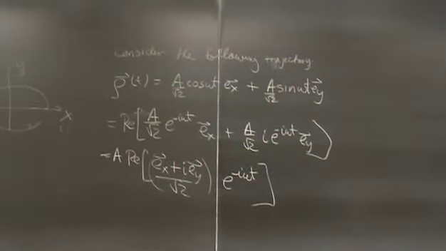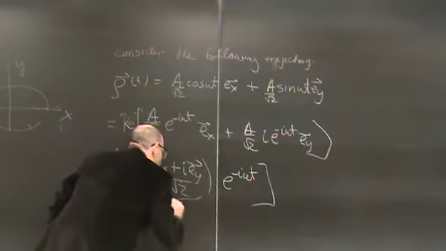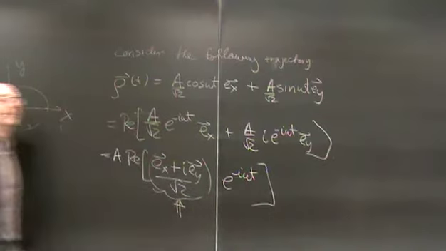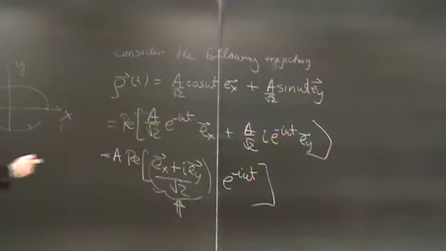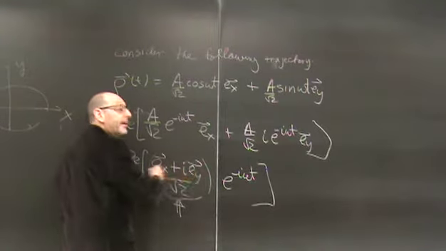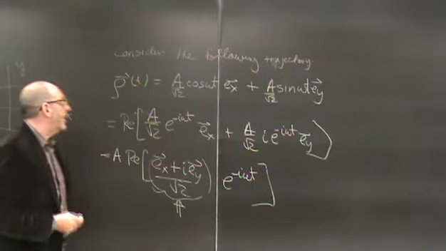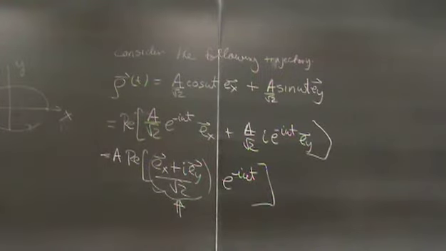A vector going around in a circle is naturally defined by this complex vector in complex space, right? This is a vector here that corresponds to motion going around in a circle.